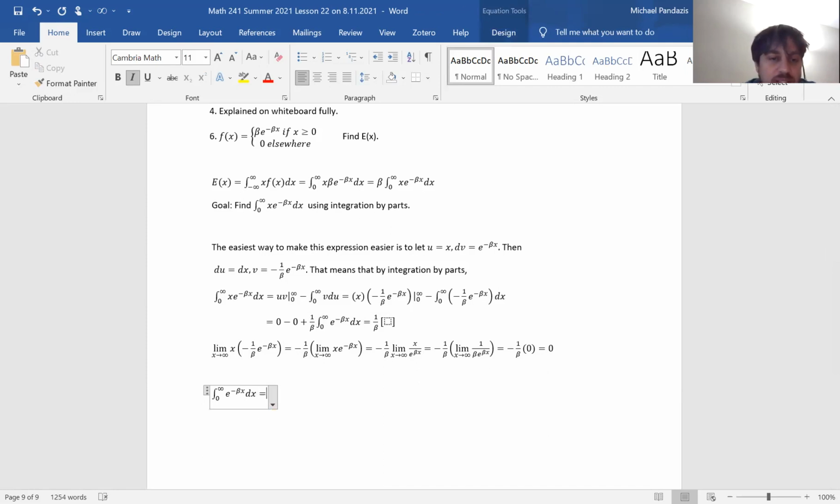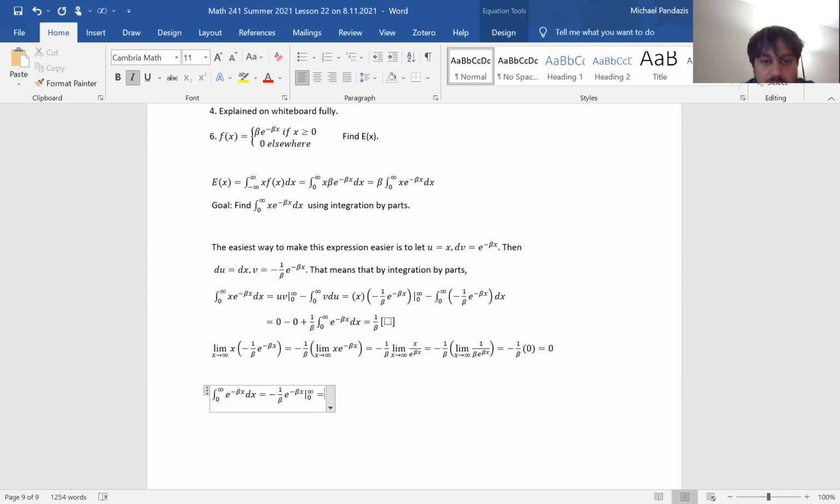An antiderivative is negative 1 over beta times e to the negative beta x. If you take the derivative of this expression, you get e to the negative beta x times negative beta times negative 1 over beta, which cancels. So this is an antiderivative of this integrand, and you're evaluating it from 0 to infinity.